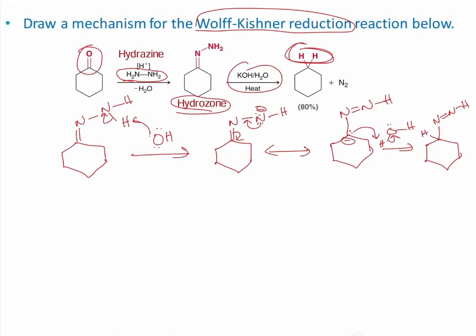In the next step, we can use the hydroxyl group again to do a proton transfer. That goes there, and that's going to form a nitrogen, because we have a nitrogen-nitrogen triple bond, which is a nitrogen gas.